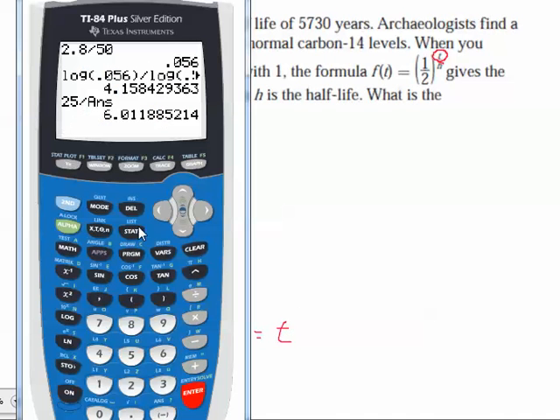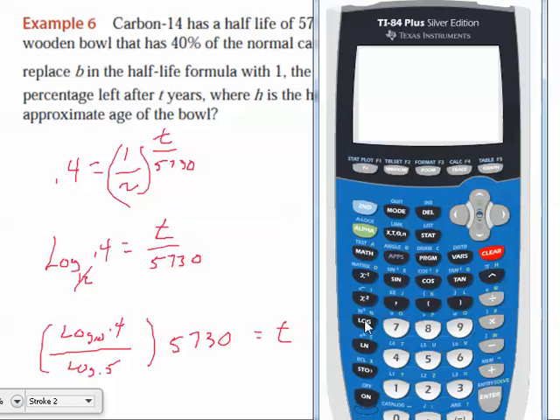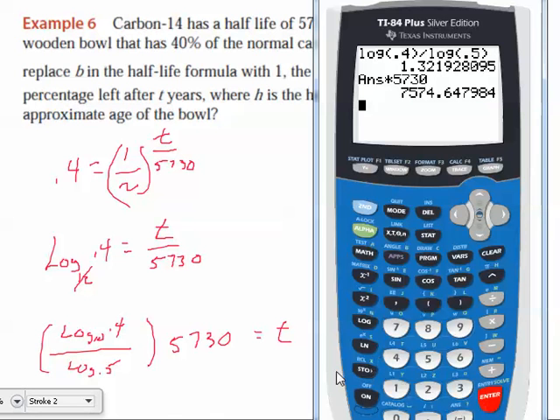I'm going to bring up my calculator here and move it over so I can see my numbers as I'm going, and I'm going to do a clear. Log 0.4 divided by log 0.5, and I get that number times 5,730, and I get 7,574.